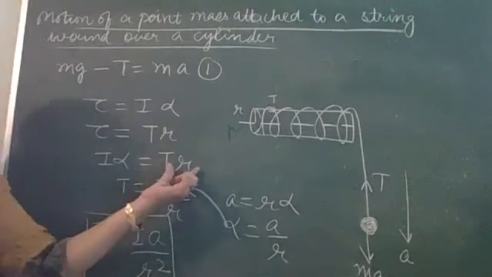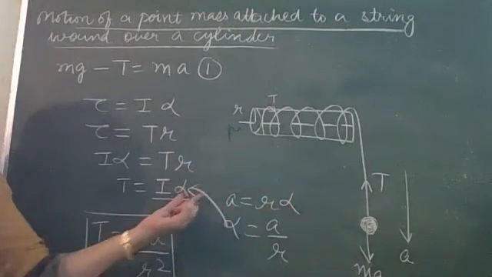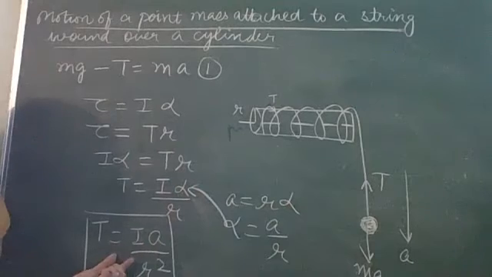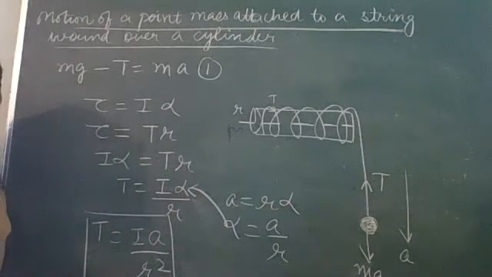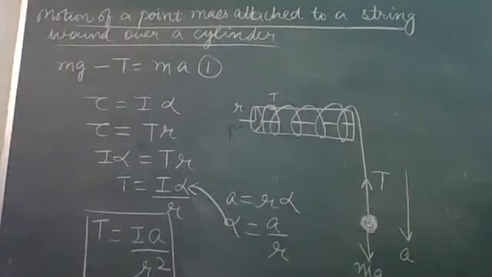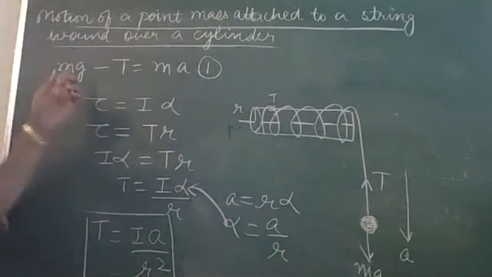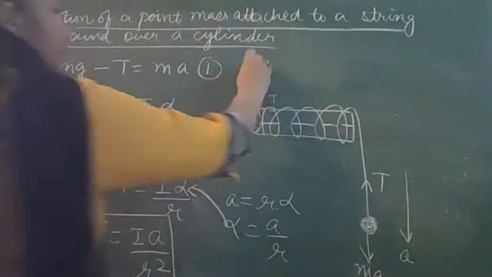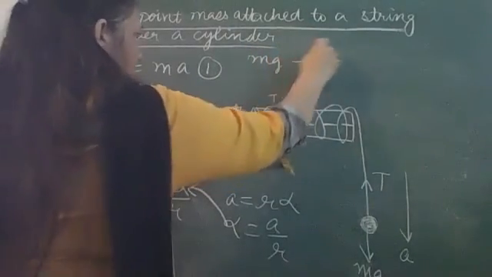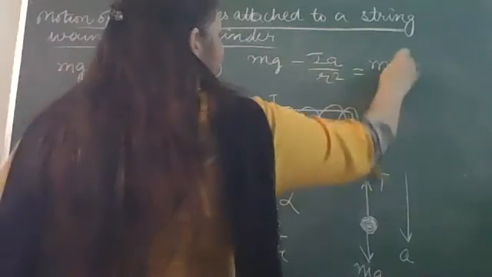So equating the two, we get T, and using a is equal to R alpha, putting alpha equal to a over R, we get T equal to I a upon R square. Put this value of T in equation number 1. So what do we get? Mg minus I a over R square is equal to Ma.